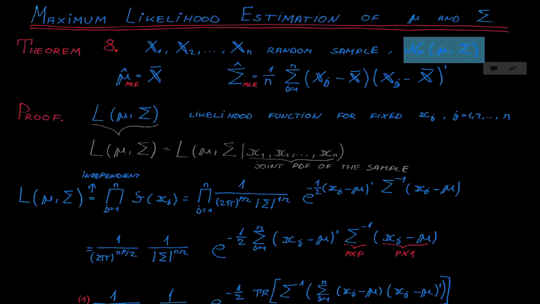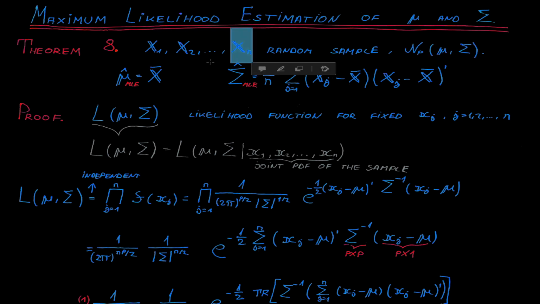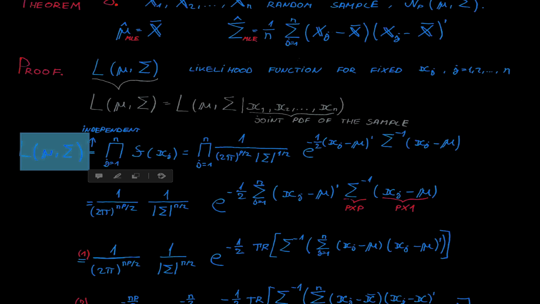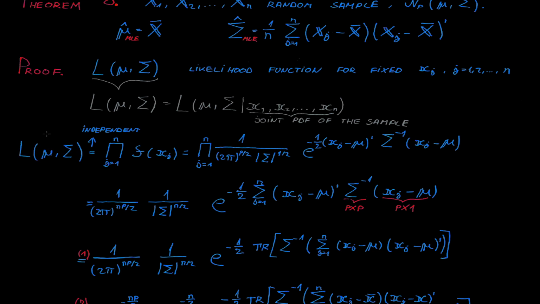Say that the probability density function of this random sample, because all those vectors have the same probability density function, is denoted by f. So this is our probability density function, so our f. What we actually want to do here is to get some nice representation of the likelihood function and then just maximize it.